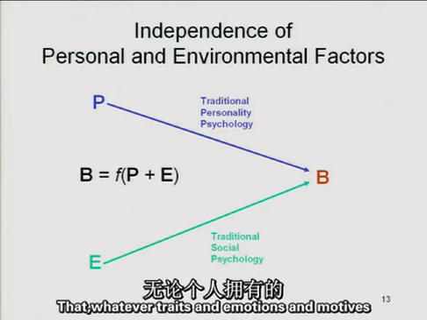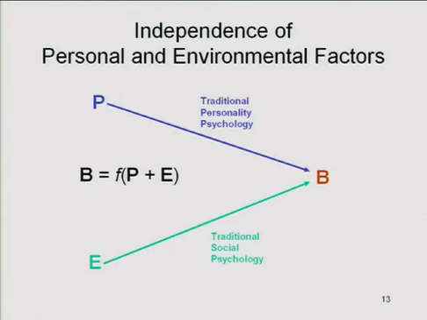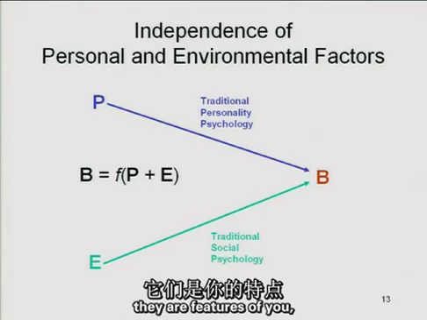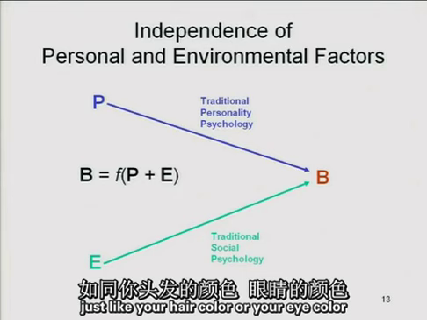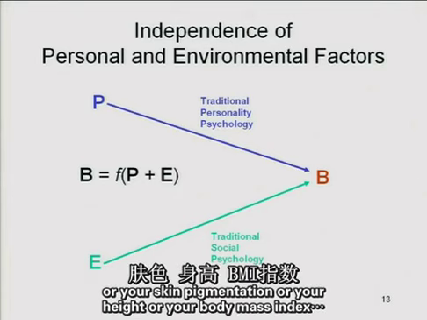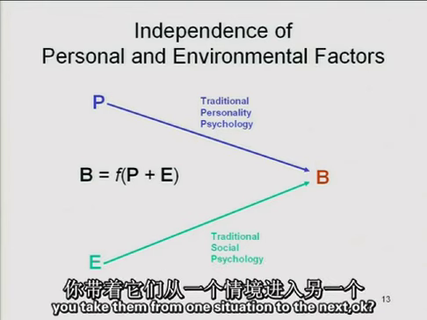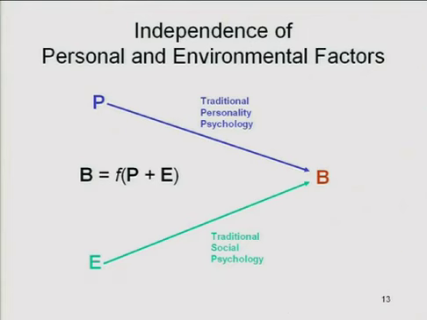Whatever traits and emotions and motives the person has that lead him or her to behave the way he or she does, they're features of you, just like your hair color or your eye color or your skin pigmentation or your height or your body mass index. They're part of you. You take them from one situation to the next, okay?